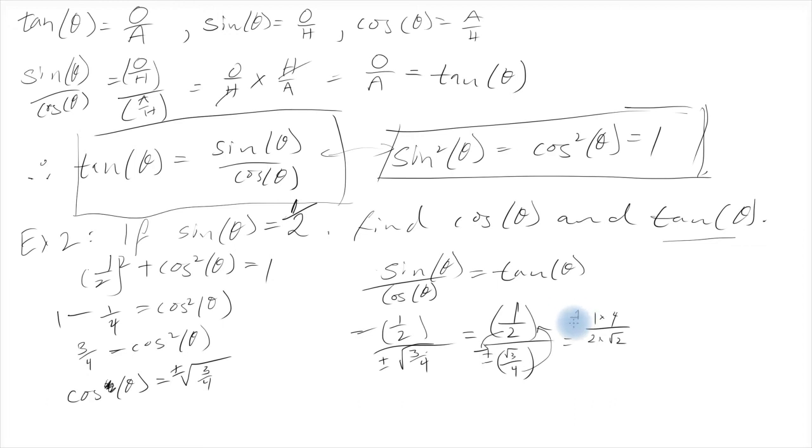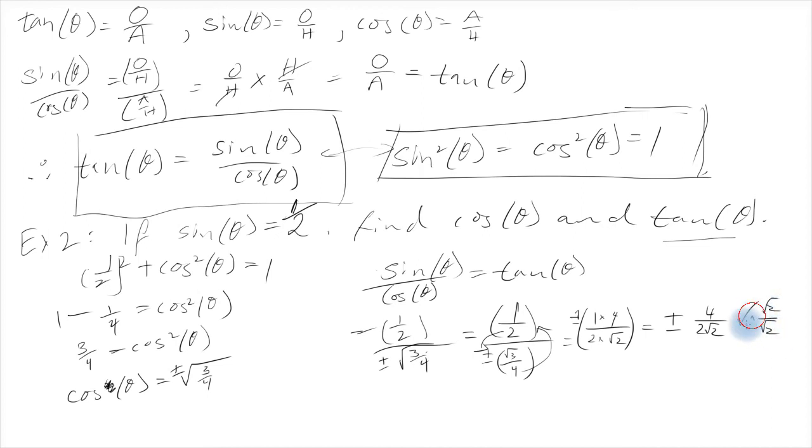Plus or minus 4 on 2 root 3. Now if you want to at this point, you can, so that answer is perfectly fine, that is correct. If you want to at this point, you can multiply by root 3 on root 3.